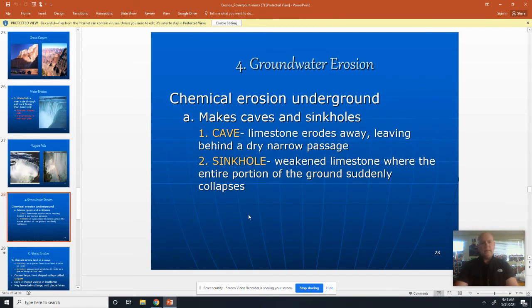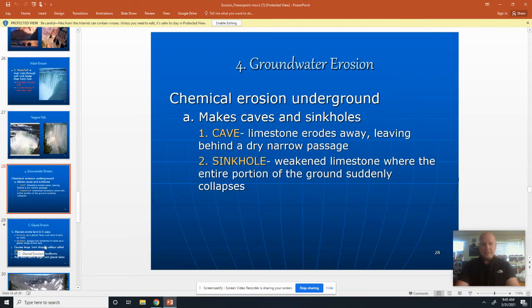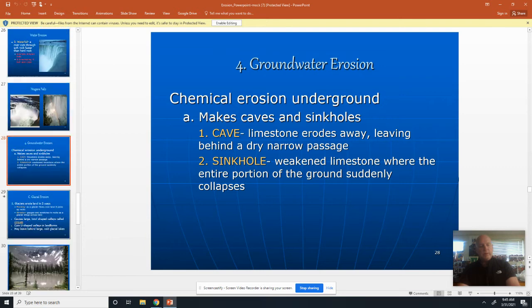All right, then we have chemical erosion. Chemical erosion is what creates our caves and our sinkholes. I'm a big caver in Arkansas, and caves are closed right now because of white nose syndrome. But last week I took my family and we went to Carlsbad, New Mexico, went through the Carlsbad Caverns, and that entire cave, the whole cave, was created by the dissolving of the material that was there before.